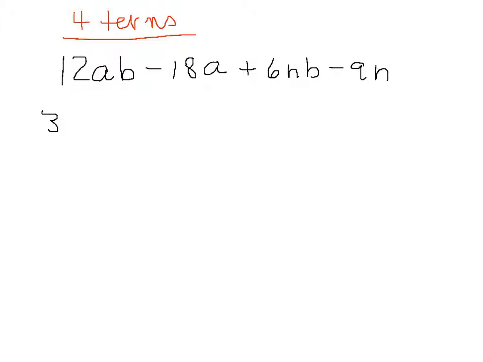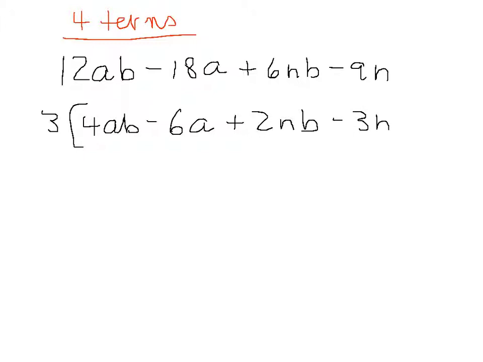So I can take a 3 out, and I get 4ab minus 6a plus 2nb minus 3n. Okay, so now I can go ahead and leave that 3 there. Out of the first 2 terms, I can take a 2a out, and I get 2b minus 3.